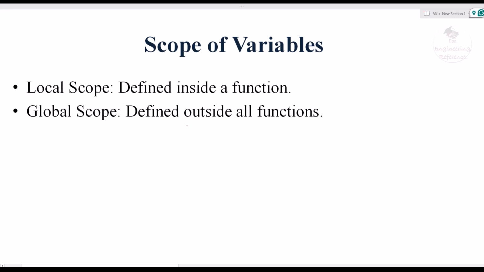The scope of a variable determines where it can be accessed. Variables declared inside a function are local, while those outside are global. Python also supports a non-local scope for variables in enclosing functions. For example, let's say x is equal to hello. This is a string variable, and if I have a function def, this is the syntax to define a function in Python.